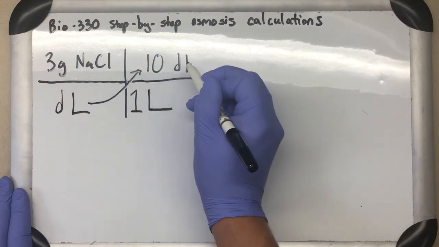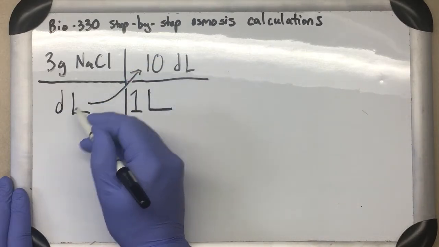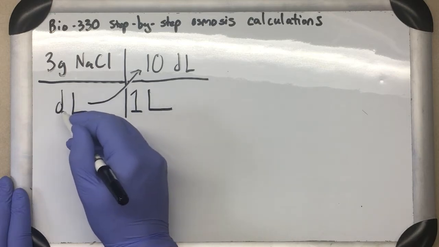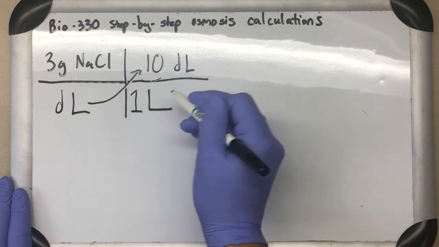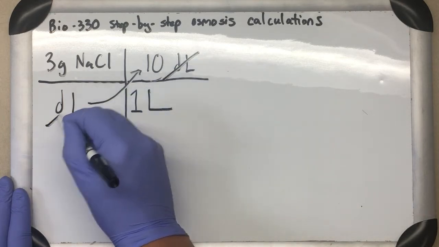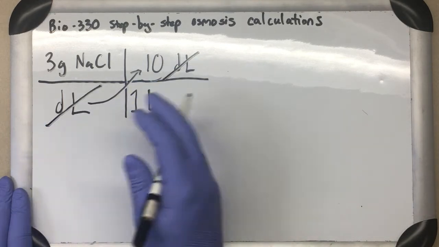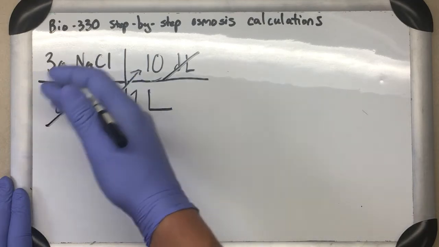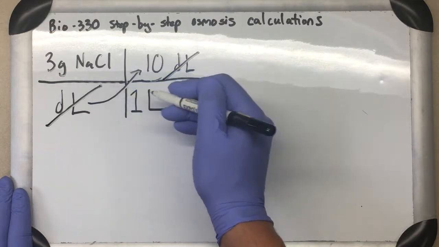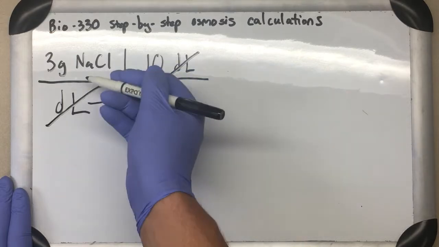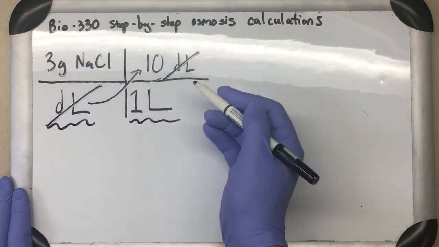So this is that step that you do, basically. In this case, you have deciliters over here. There are 10 of these deciliters per liter. So you can cross out that notation. What that's doing is causing this amount to be now expressed in terms of grams per liter right here instead of grams per deciliter like we had over here.